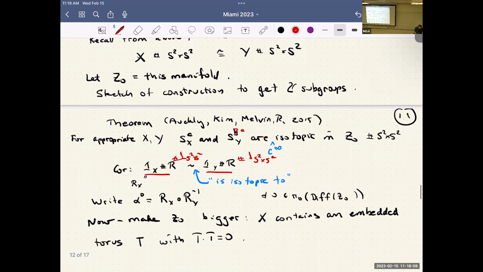Okay, so let me just introduce some new notation. Alpha 0 is the original diffeomorphism, which was shown to be of infinite order using this idea of Kono. The question is how to leverage this stable isotopy to get an element of pi1.